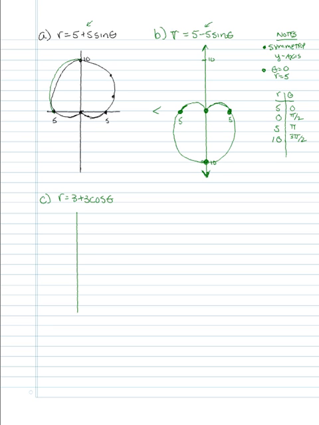Well, here, let's see if we can predict the same thing. Except in this case, we have x-axis symmetry here because we're dealing with cosine. So we have x-axis symmetry. So that means it's got to be laying down, okay? And here, because of that plus sign, I'm predicting most of the graph is going to be on the positive side of the x-axis. That's right of the y-axis. That's what I'm predicting.